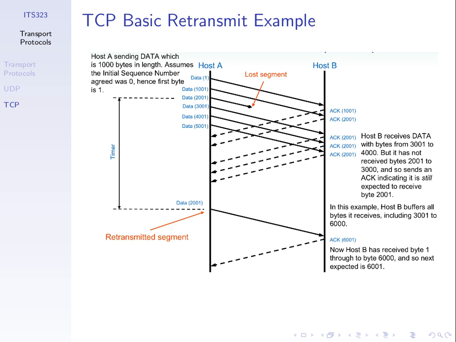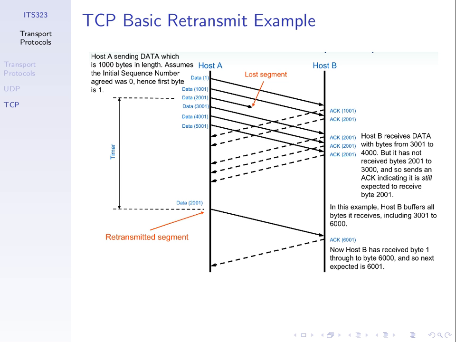B receives that segment, containing sequence number 2001 up to 3000, 1000 bytes. And now B has received sequence numbers 1 up to 6000. Next value expected is 6001. And hence it sends back an ACK with ACK number 6001.